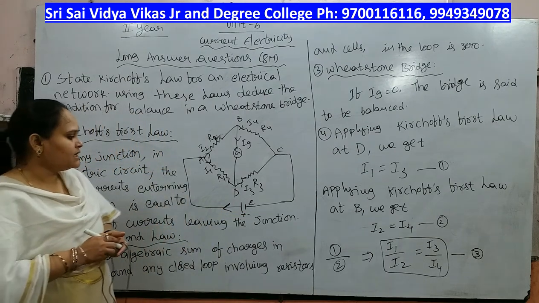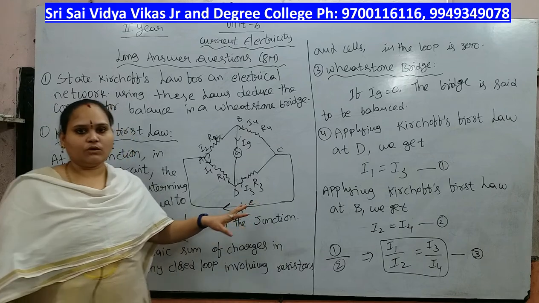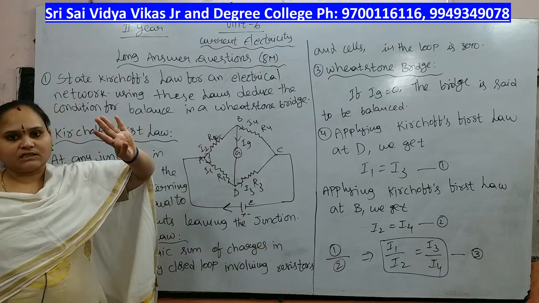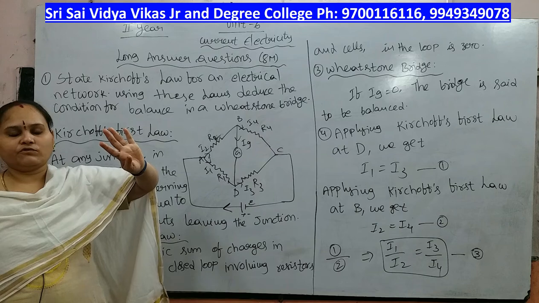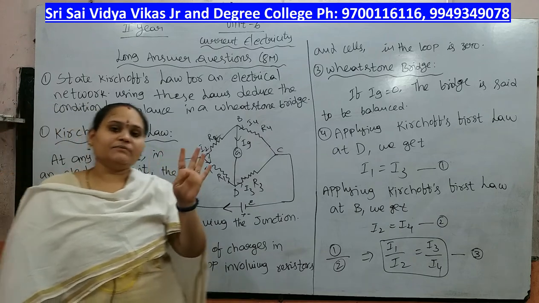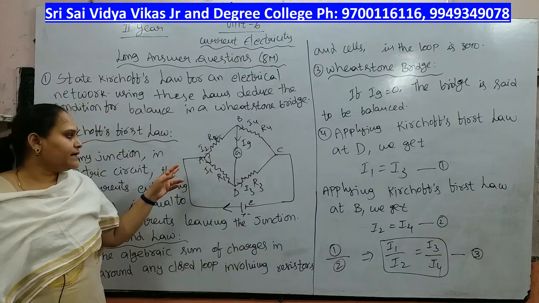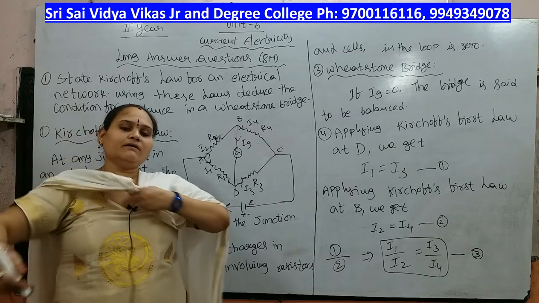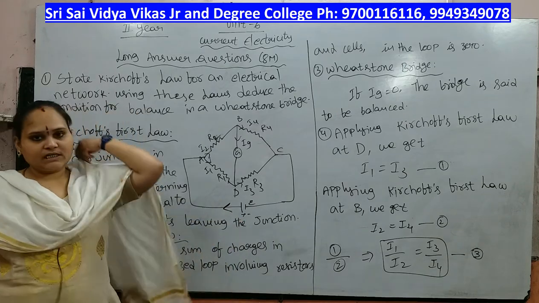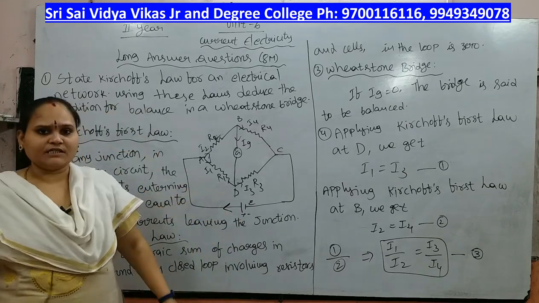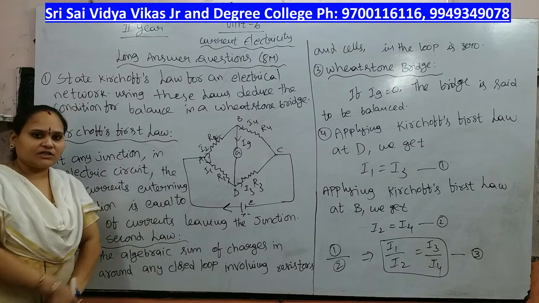This is the EMF. In this we have 4 resistors R1, R2, R3, R4 and 4 junctions A, B, C, D. At junctions A and C we connect the power supply. This is our bridge construction.